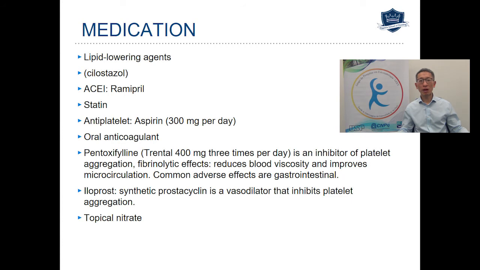Some people think that by lowering blood pressure, you're going to compromise blood flow. Well, no. In fact, you may actually improve circulation. One of the medications that has been studied most is Ramipril, one of the medications in the ACE inhibitor class.